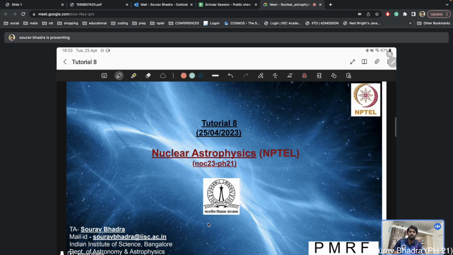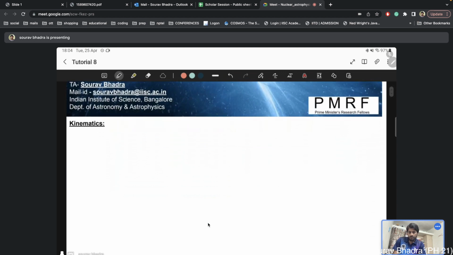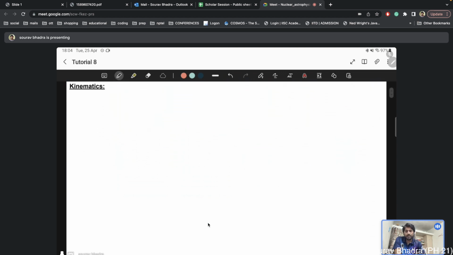Although I will do some of the problems which are related to the detection of nuclear reactions, I mean the products of nuclear reactions, so that by doing some of the problems we will touch that topic. But the important thing of the course material is the kinematics. This part you have to understand really well to do some of the important mathematics.